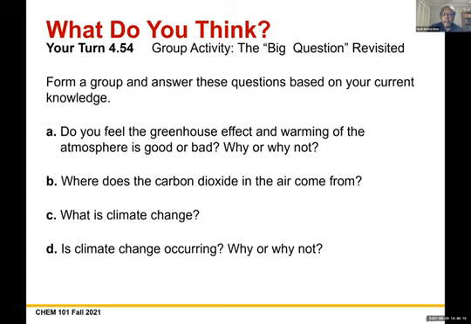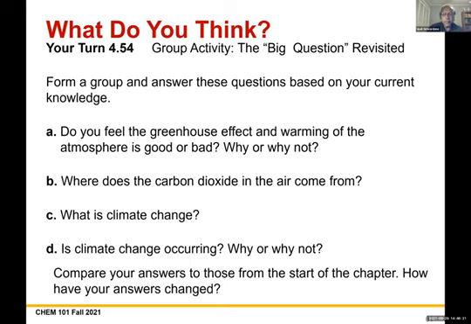You guys still believe it's kind of a politicians paid by the fossil fuel industry are not going to admit climate change is occurring? Compare your answer to those from the start of the chapter. When you started going through this chapter, what was your opinion about climate change?